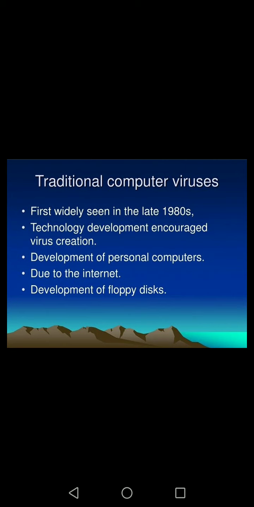Next is the traditional computer virus. Traditionally first widely seen in computers in the late 1980s, technology development encouraged virus creation, with the development of personal computers, the internet, and the floppy disk. What is a floppy disk? A floppy disk was like a data traveler, but it was used for very small data sharing from one computer to another.